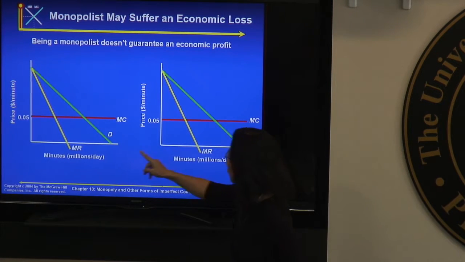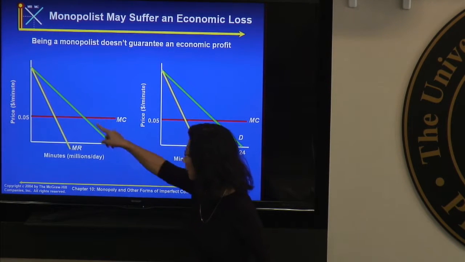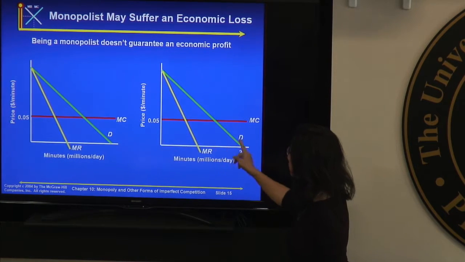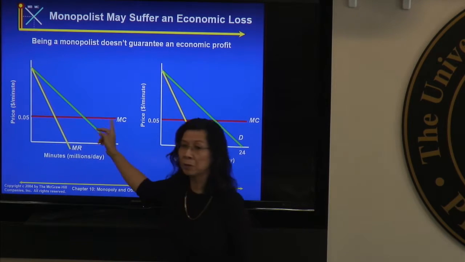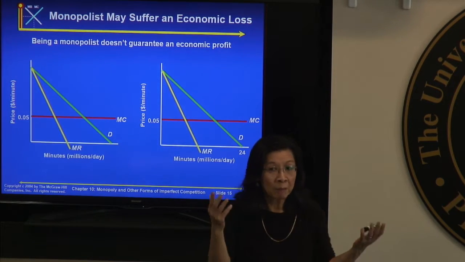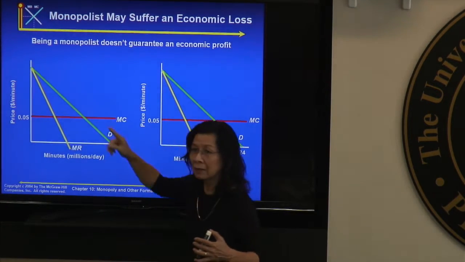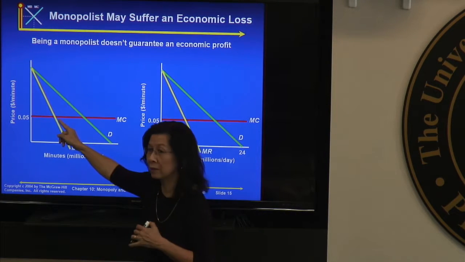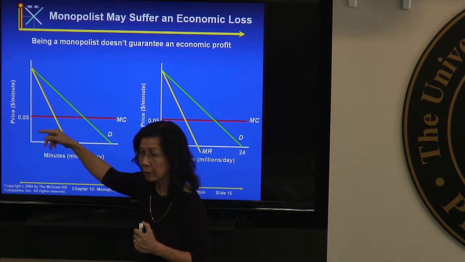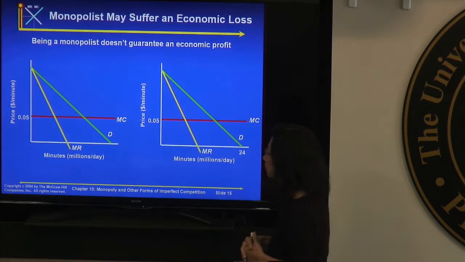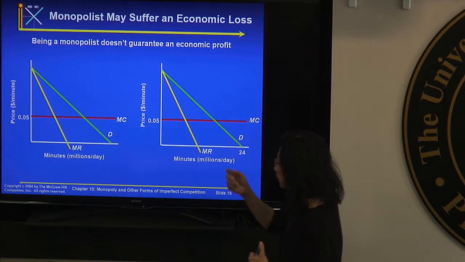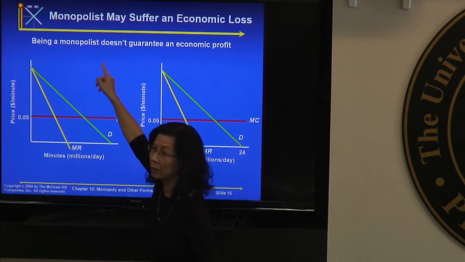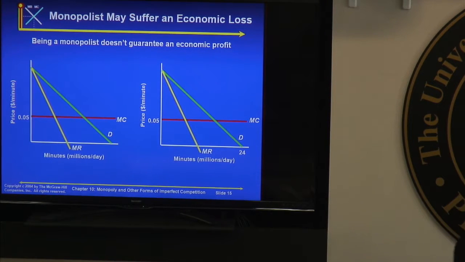You have a downward sloping demand curve and a downward sloping MR. Your marginal cost happens to be horizontal, but it doesn't matter, it could go up, because the important thing is where MR cuts MC, which is at this point right here. That's where the monopoly will produce. So it doesn't matter if this red line is horizontal or going up.